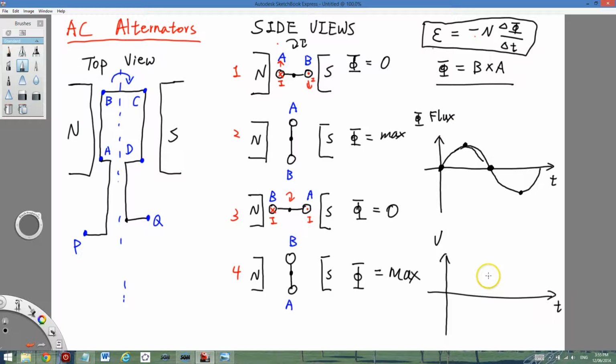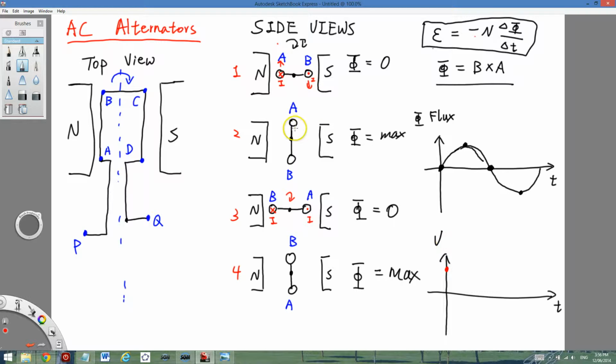So what's happening is, initially the magnetic flux is 0. However, the rate of change of magnetic flux over time is maximum. So I will have a maximum voltage because the gradient of the flux is maximum.